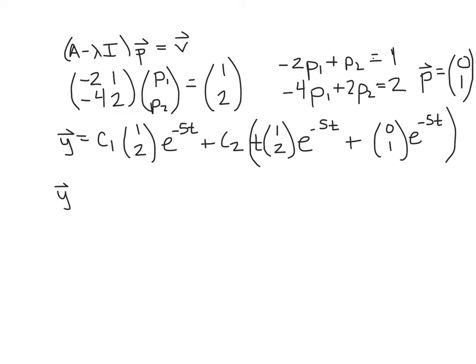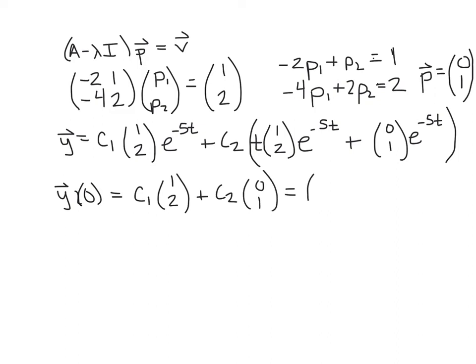So I'm going to plug in 0. And if I plug in 0, the e's go away. So I've got C1 times 1, 2 plus C2 times, notice that if you plug in 0, that first term multiplied by C2 goes away because it's got a t in it, so that's 0. It leaves that P vector.